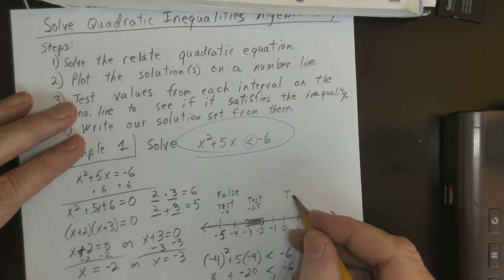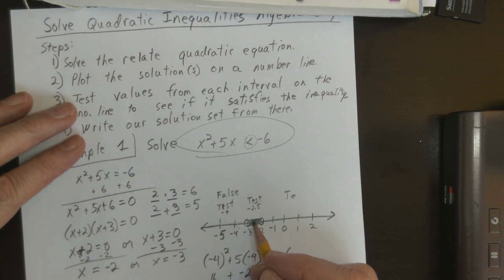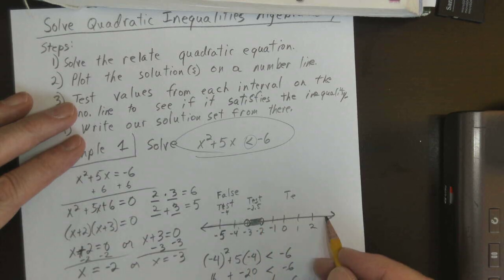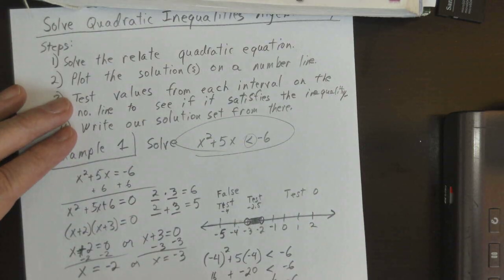Now, I've tested to the left of -3, and tested between -3 and -2. I'm going to test to the right of -2. 0 is always a good one to use. I get 0 squared plus 5 times 0 is less than -6. This is 0 plus 0.